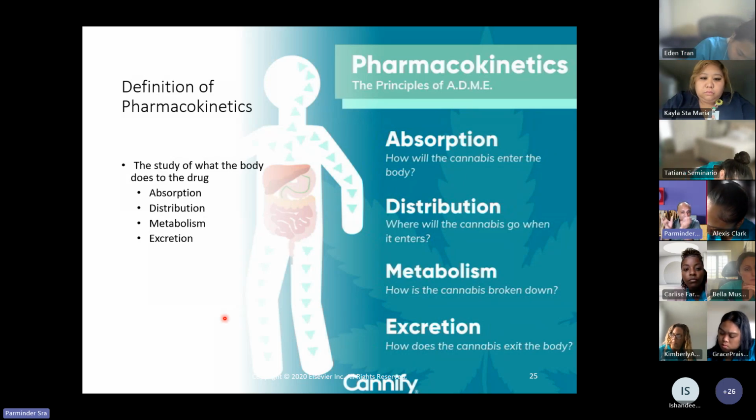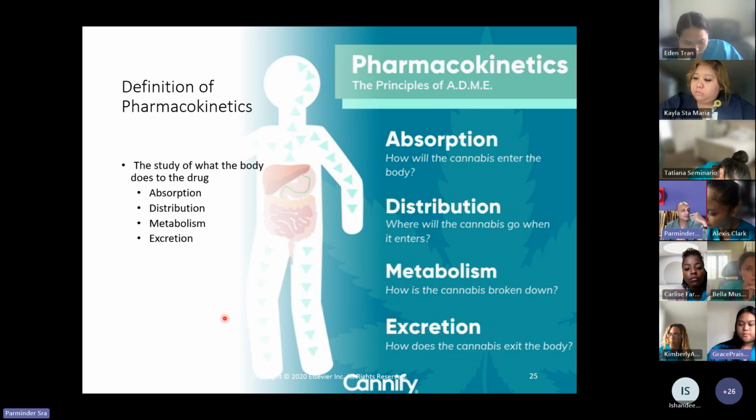So if somebody asks you, what is this? Well, pharmacokinetics is the study of what happens to a drug from the time it enters the body until it exits from the body. So please know that. That is important to know, okay?